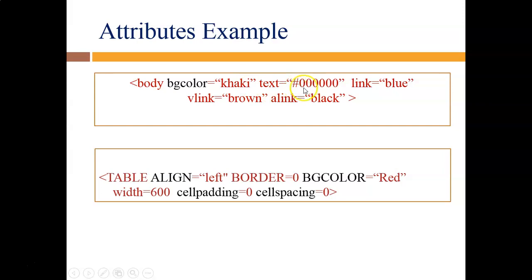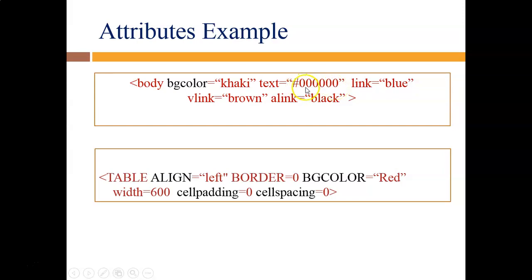The text here, this is what? A hex value. Okay, so after this hash, the first 00 is for the red color. The second 00 is for green, and the last is for the blue color.